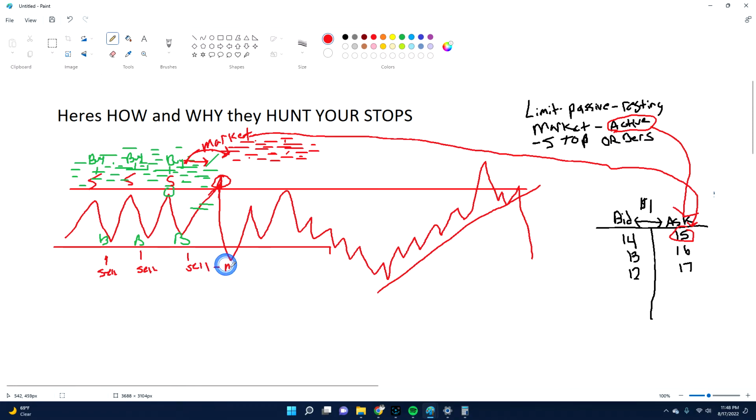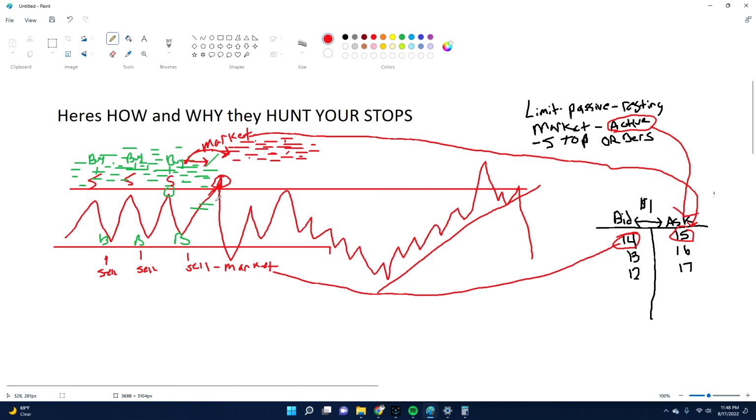Your sell turns into a market order. And we know when you hit the market, it's called smashing the bid. When you're selling aggressively, you're hitting the bid. Okay? You're saying, I will sell at the market. I want to sell to the next person that wants to buy. The next person that wants to buy willingly, he's at $14. So you have to sell to him.